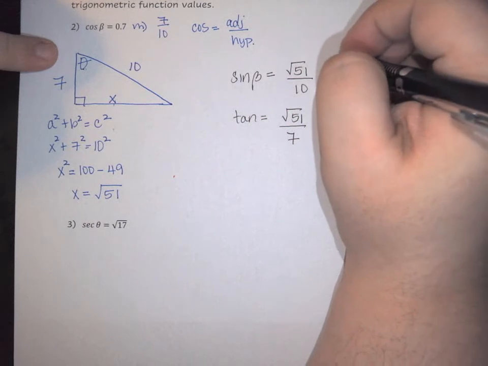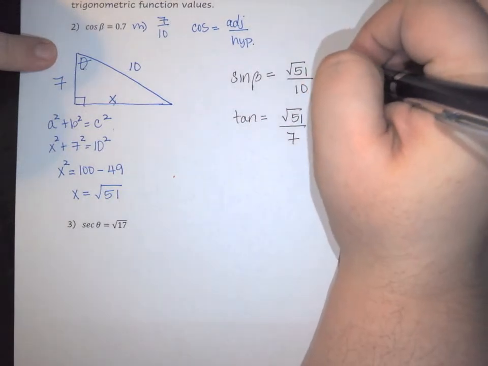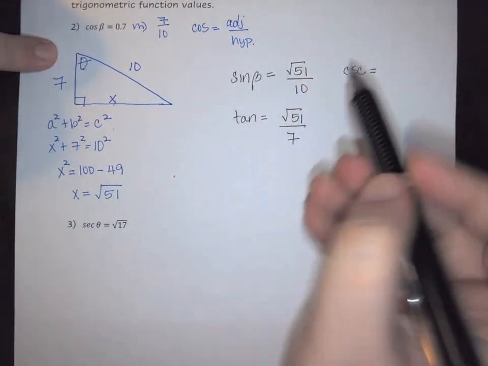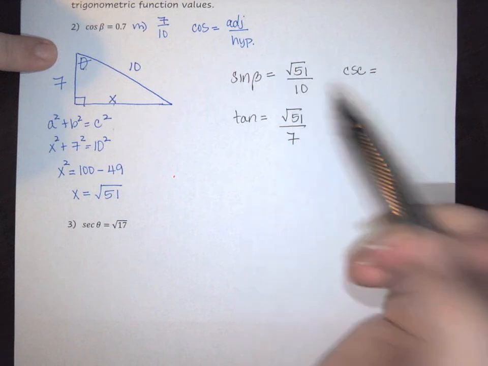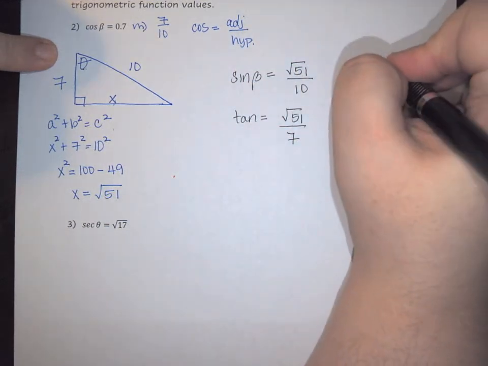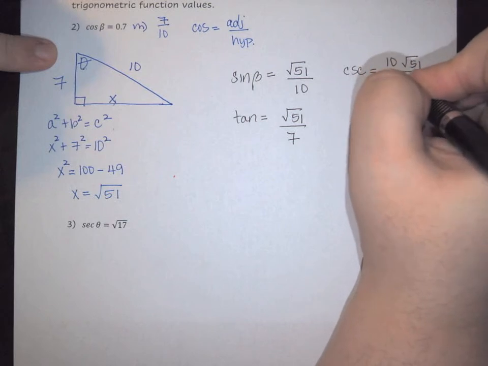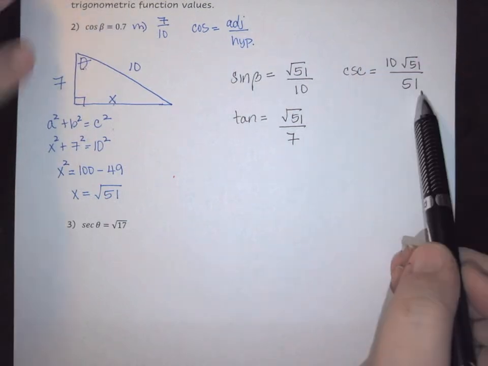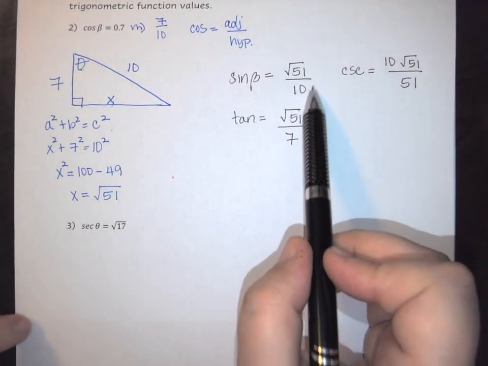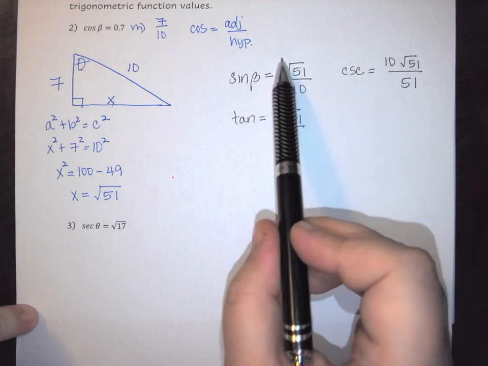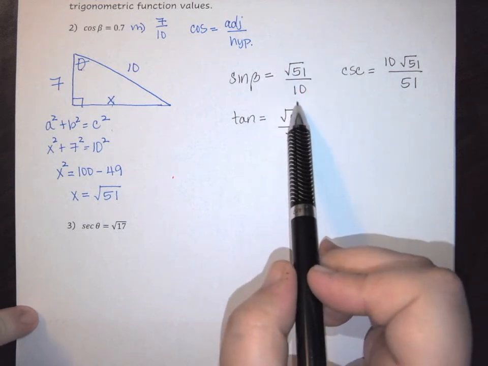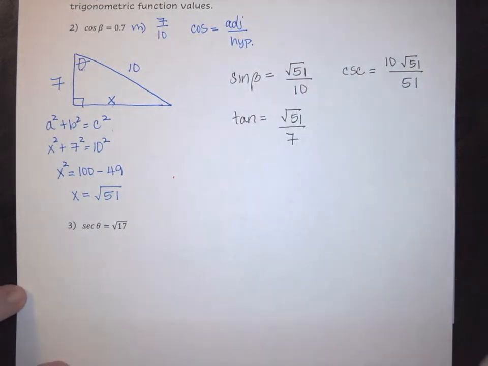In this case, I would have my cosecant, which is going to be the reciprocal here. So this is 10 square roots of 51 over 51. So how did I get that? You flip the reciprocal of your sine function and then rationalize your denominator.